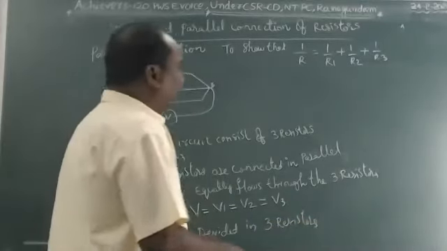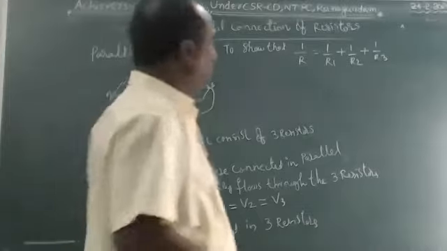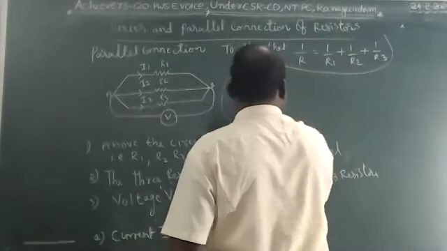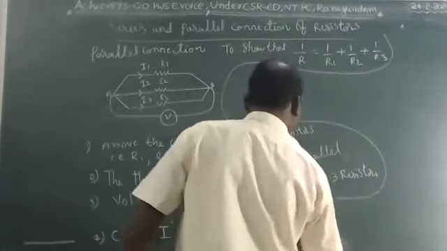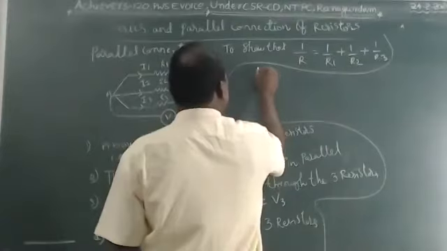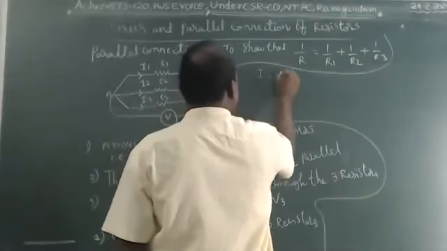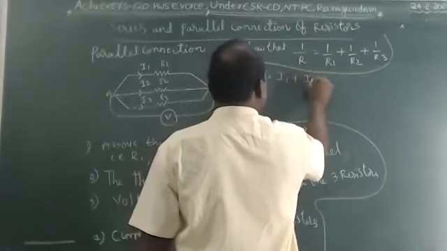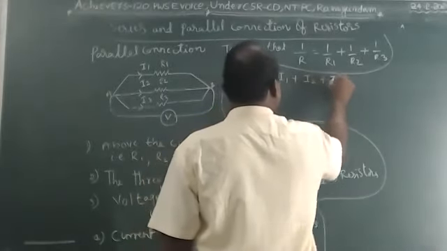That means current I is divided in 3 resistors, so I equals I1 plus I2 plus I3.